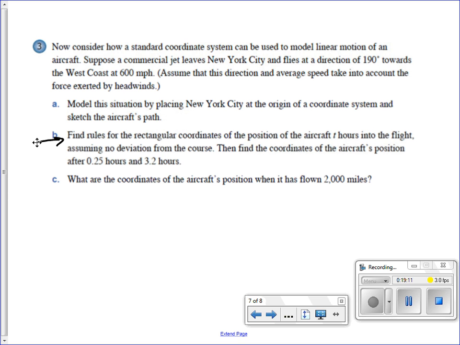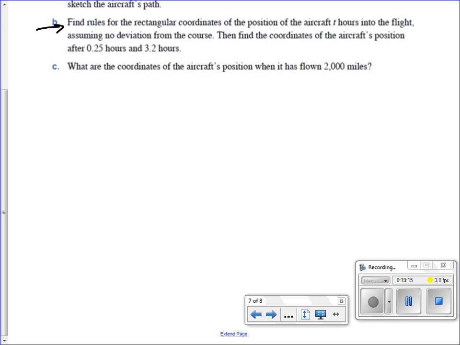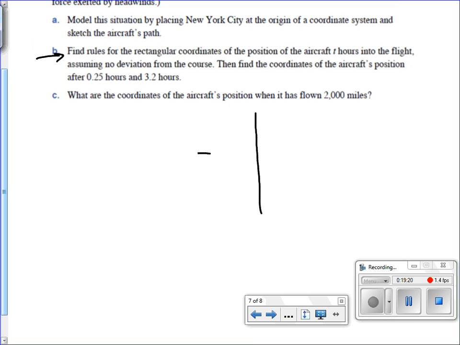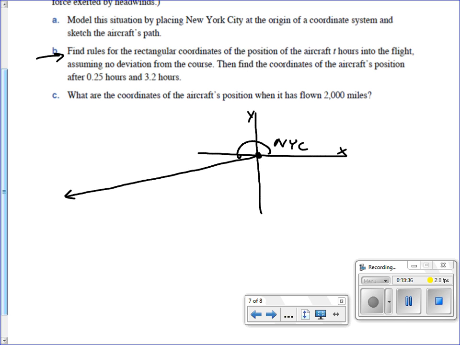So starting out, let's model this situation. Here's our coordinate plane, x, y. The center, New York City, 190 degrees. And we are traveling at 600 miles per hour. That's our rate.